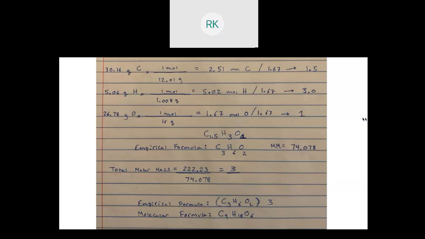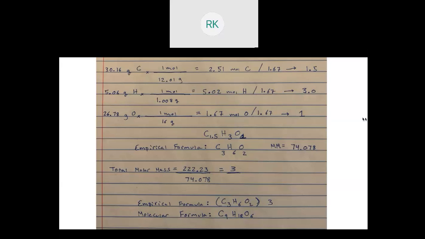Okay? And so this was, I believe, the fourth step I listed on the slide with many words that described the steps. One of your last steps is to multiply all these subscripts by a number that gets them to a whole number ratio.